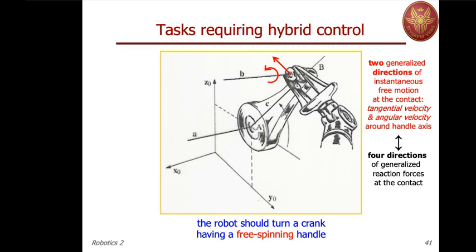Why? Because this is fully rigid. So you're constrained. You can neither come closer to the axis A, nor bring the contact point B farther away, because otherwise you would crash the crank and the handle as well. So this is one direction where you cannot move, but indeed you can control forces.